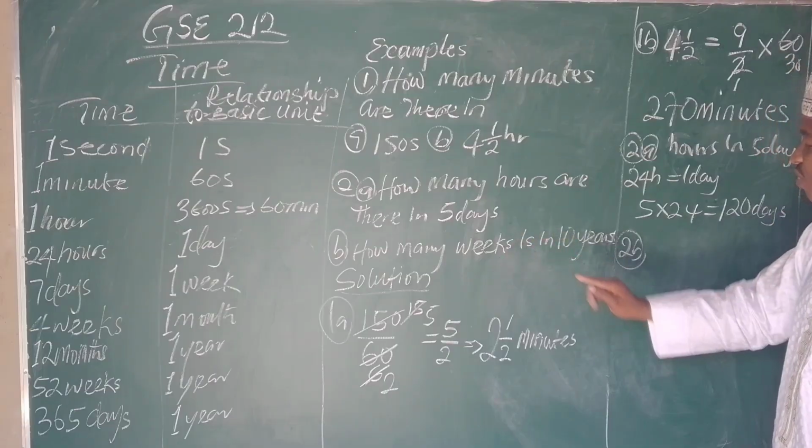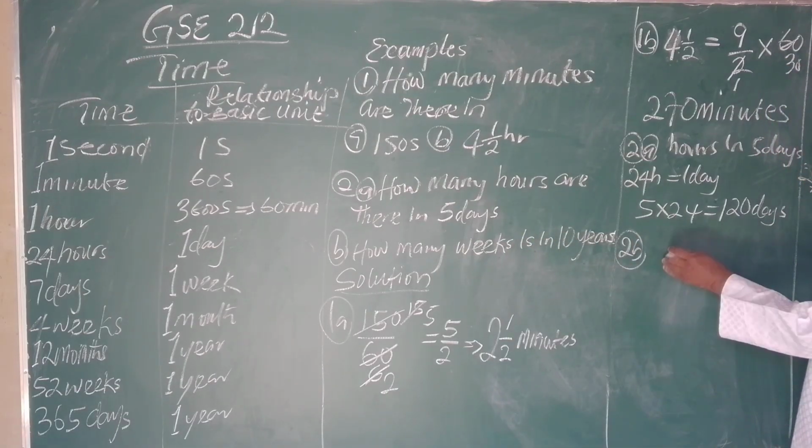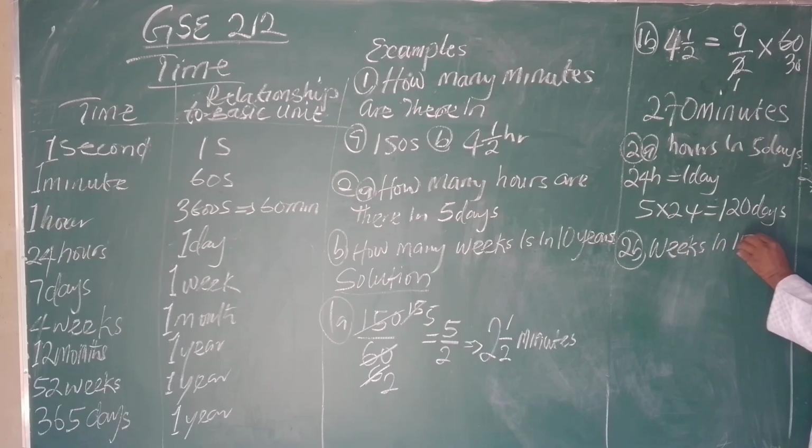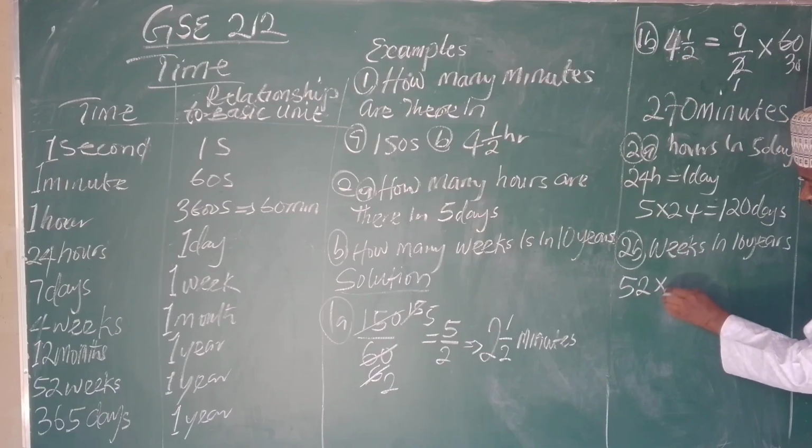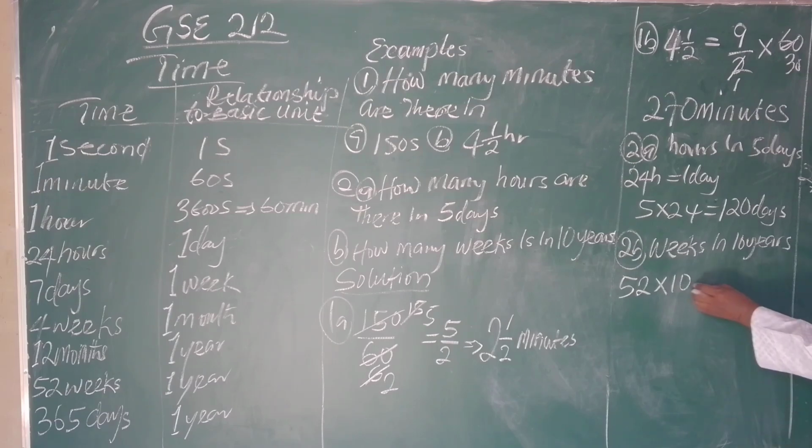Therefore, in 10 years, we have 52 times 10 weeks. 52 times 10 is very simple. It's 520 weeks. So weeks in 10 years is 52 times 10, which is 520 weeks.